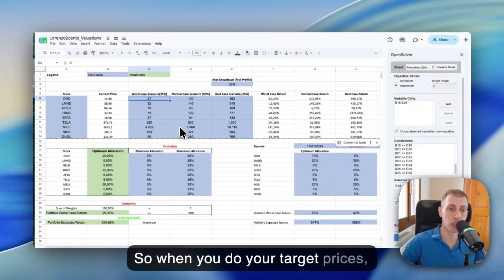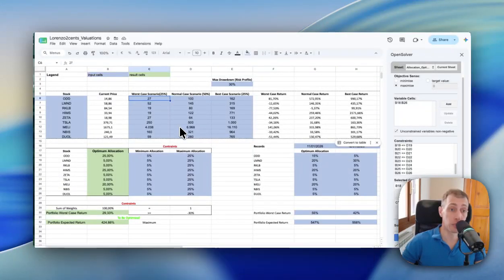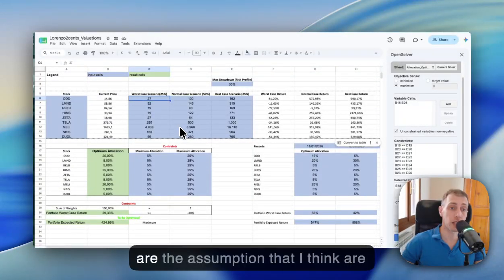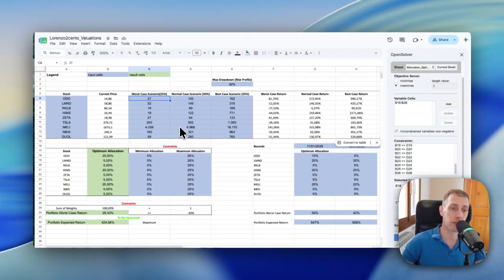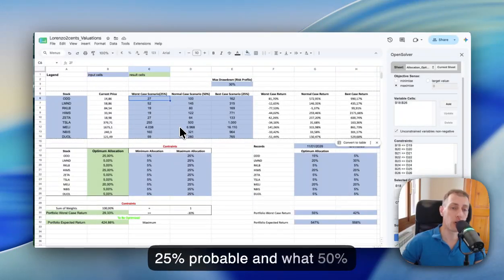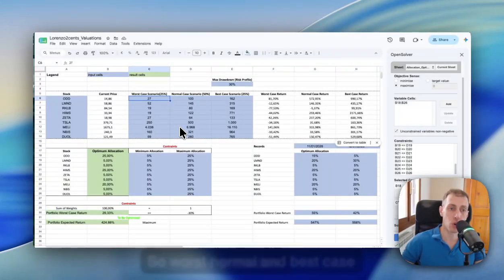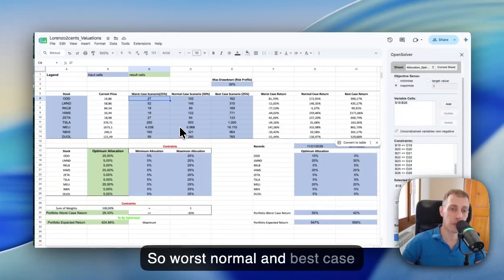When you do your target prices, your valuations, just think about it. When you do the assumptions, what are the assumptions that I think are 25% probable and what 50% probable? So worst, normal, and best case scenario.